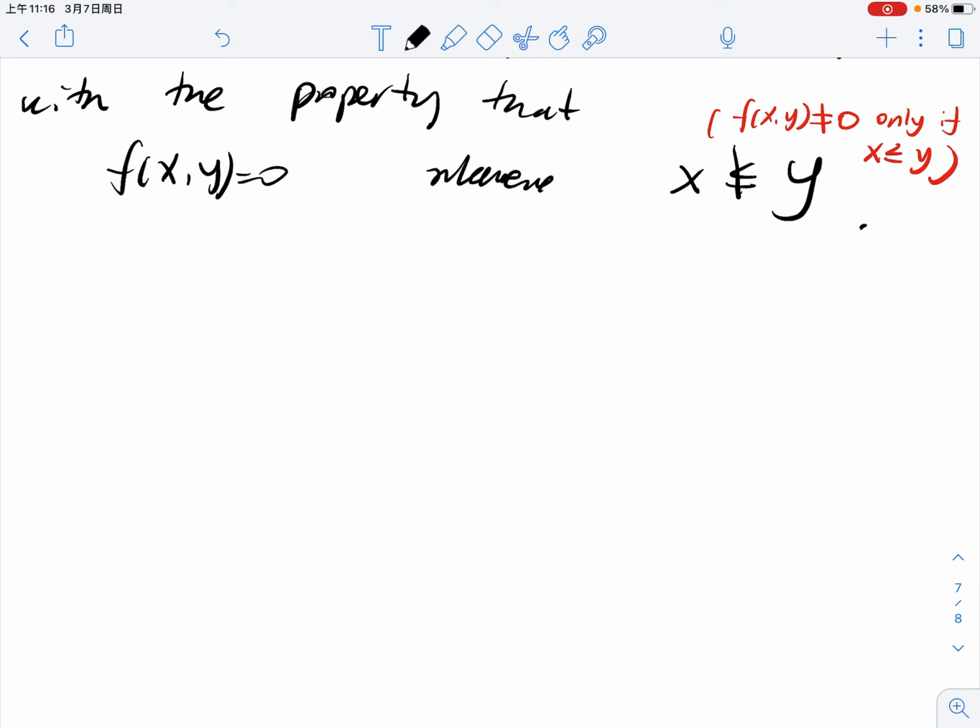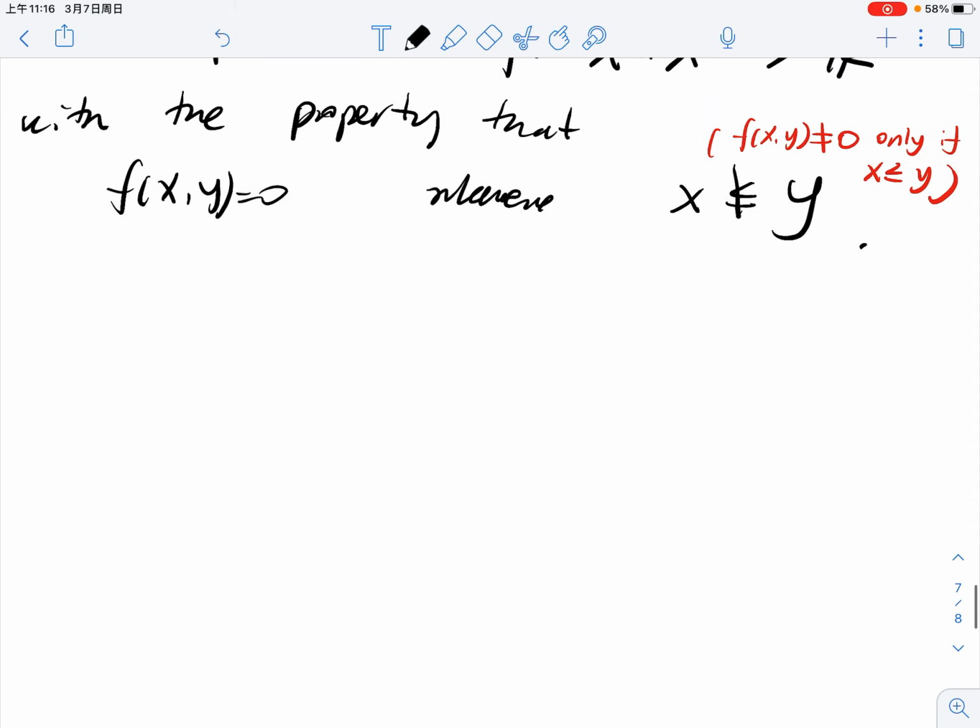So why do we define this? Because later on, all the functions we consider are contained in it. We narrow down the real functions to a subspace. That's a usual way we do mathematics. First, you need to find a correct space. For example, if you want to solve a PDE, partial differential equation, in a rigorous way, you need to introduce some correct space, some are called Sobolev space, some are called Hölder space.